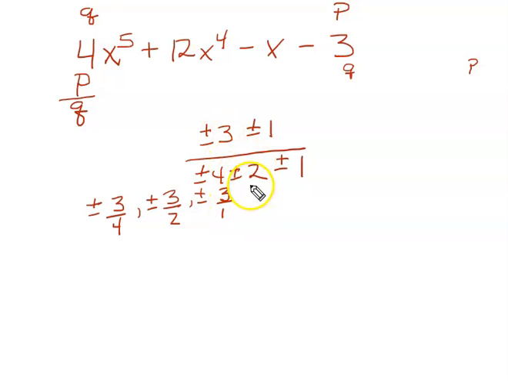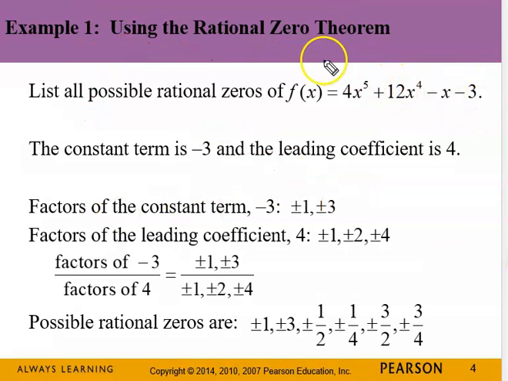And then plus or minus 1 over 4, plus or minus 1 over 2, and plus or minus 1 over 1. Let's go back to the regular screen. So using the rational zero theorem, we ended up with the possible rational zeros.